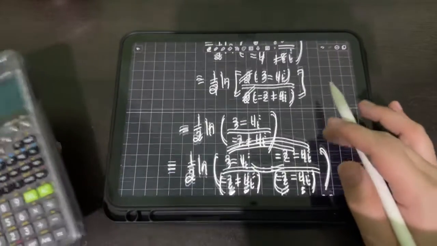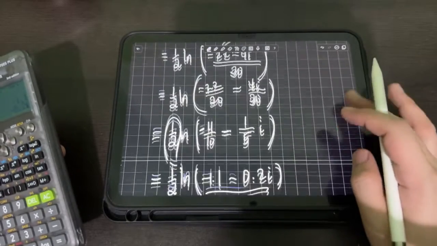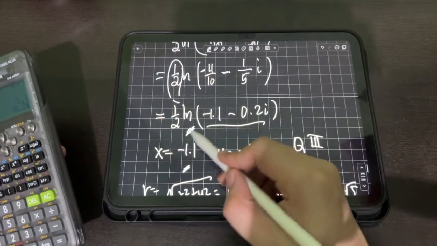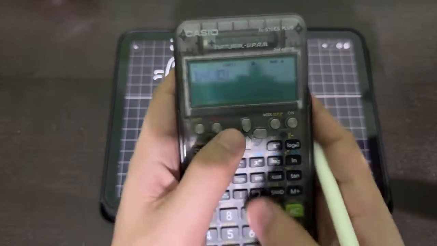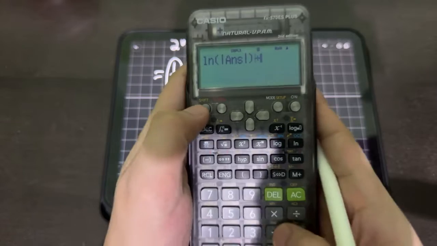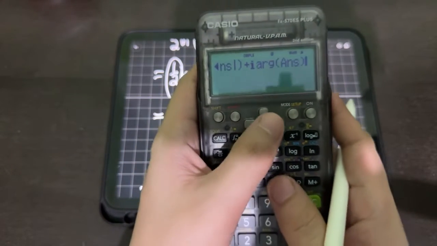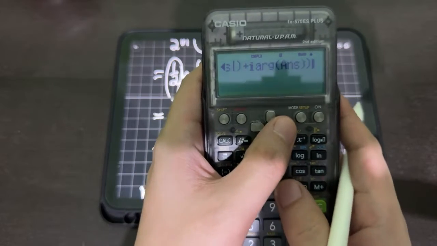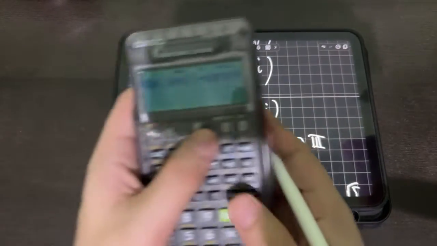Now we get the ln. Okay? We get the ln of this. So ln of abs of the ans plus i argument. So shift to 1 of the ans. Okay, and then we need to multiply this by 1/2.